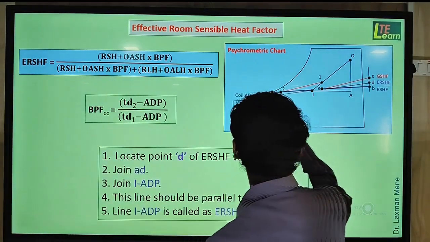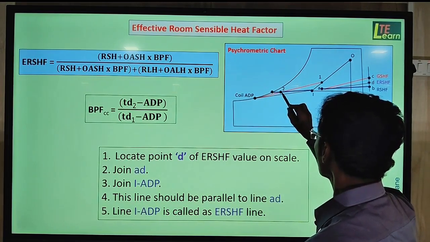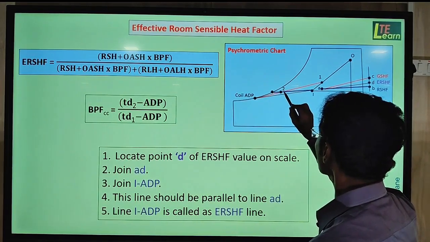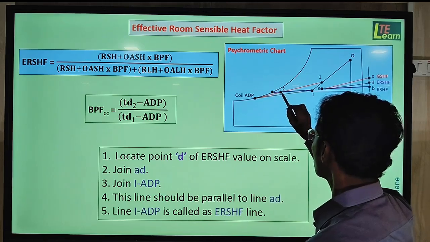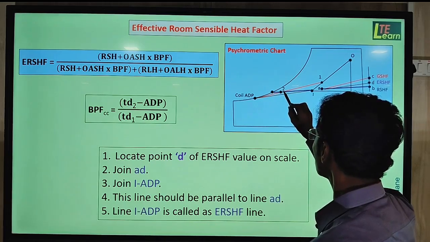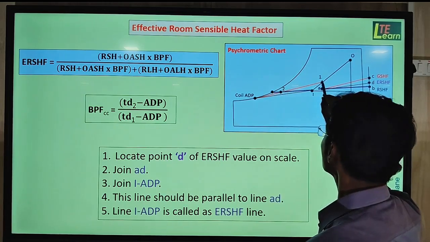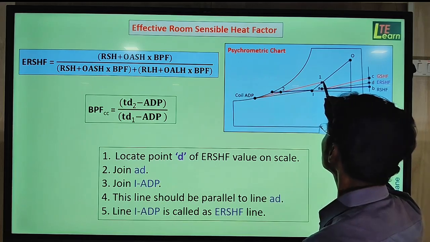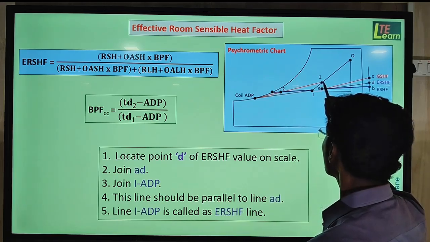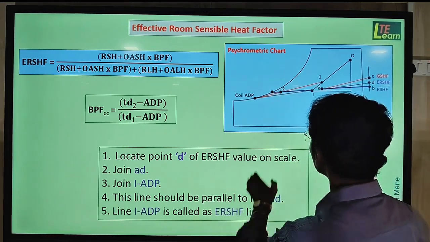So here we have got in the previous procedure point number 2, that is the air leaving cooling coil condition. So that condition means the temperature of point 2 we use here. Also we know the condition of air entering the cooling coil, that is the mixing point, so that is temperature TD1. So here the concept of bypass factor is what?